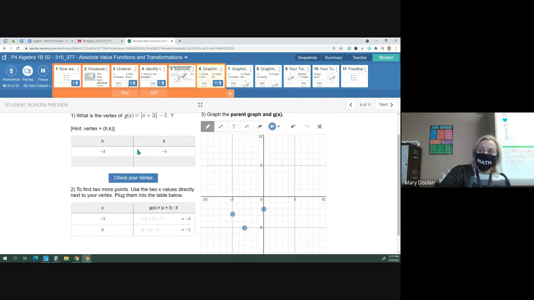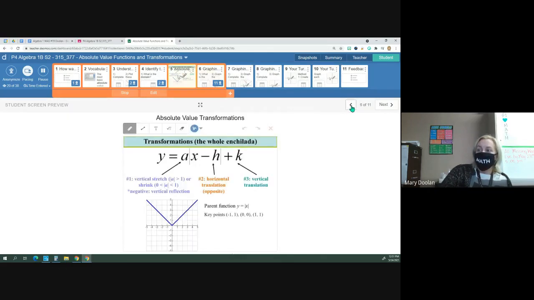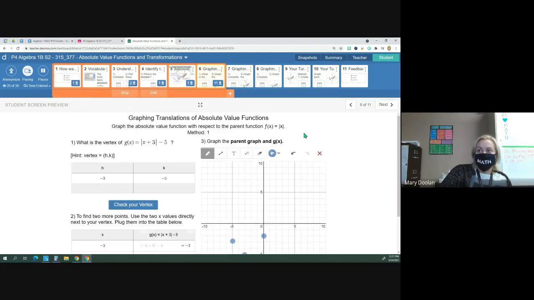There's a question in the chat, why is h negative here? So if I come back and look, this is looking at the function in this form. So I would have to think of it as x minus h. So let's just type this, v of x is equal to the absolute value of x minus negative 3.